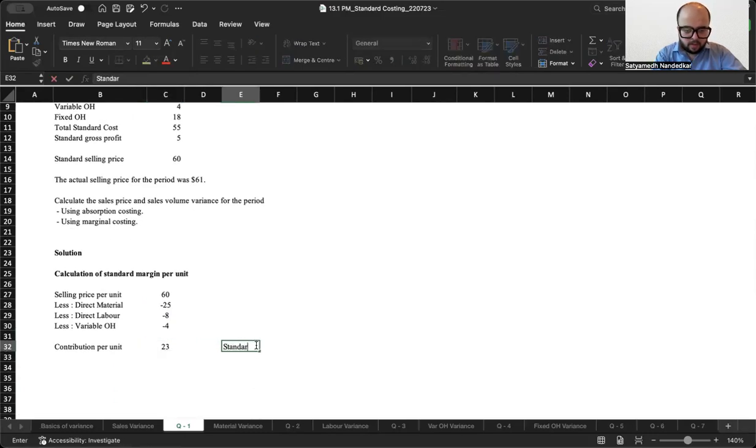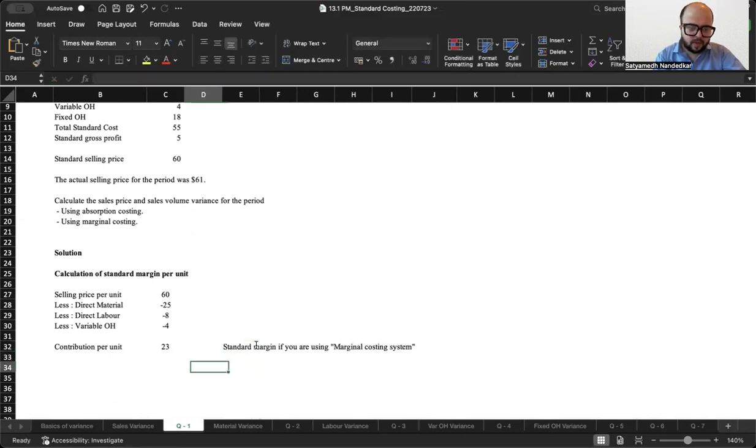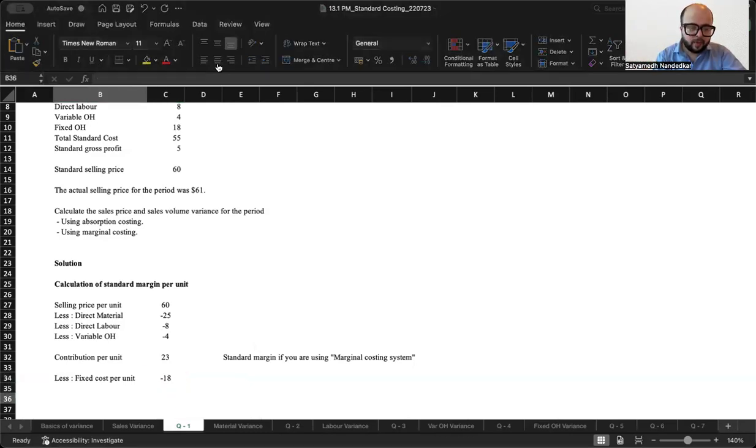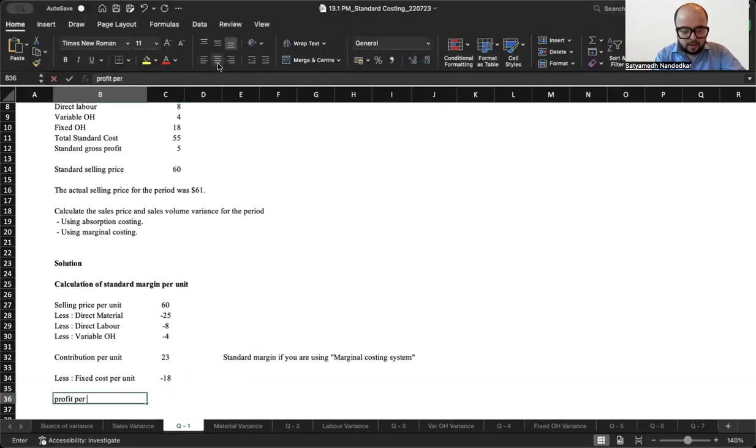Okay. Standard margin if you are using the marginal costing system. From this contribution per unit, please subtract fixed cost per unit. Fixed cost per unit is 18, you subtract 18 and you will get profit per unit. Okay.